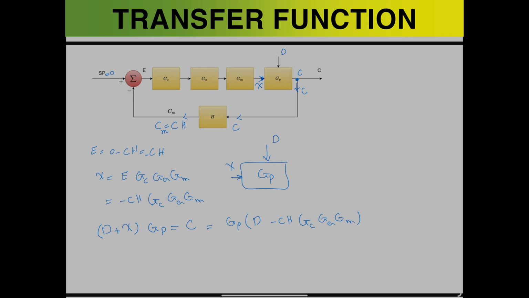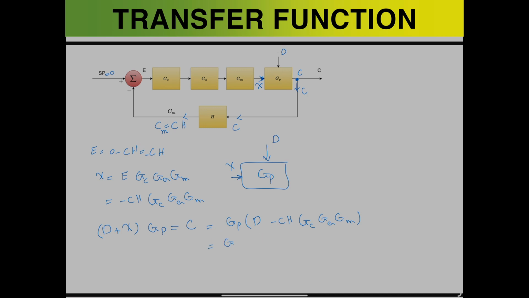So essentially, you can see that in this final equation, now we have the relationship between C as the output and D. All of the other parameters in terms of GP, H, GC, GA, GM are all known. There's also a secondary C here that we need to take out and bring to the other side of the equation, and let's do that.